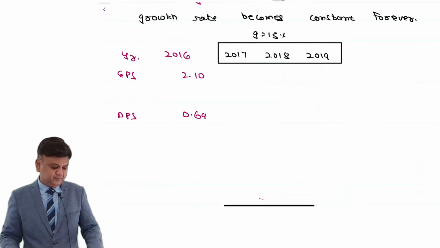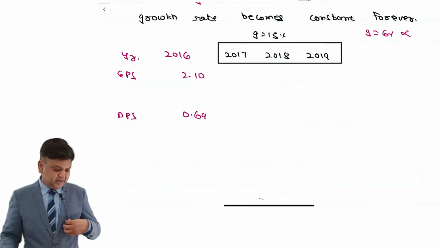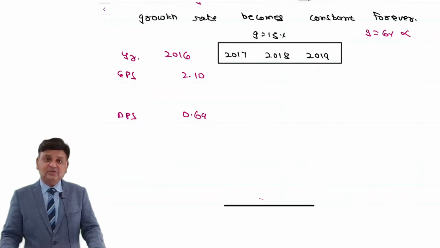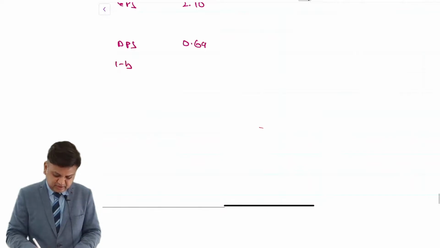Okay. After 2019, the growth is expected to drop to 6%. So afterwards, the growth rate is going to be 6% for perpetuity. And the payout ratio is expected to increase to 65% of the earnings. So the dividend payout ratio is 32.85% over here.